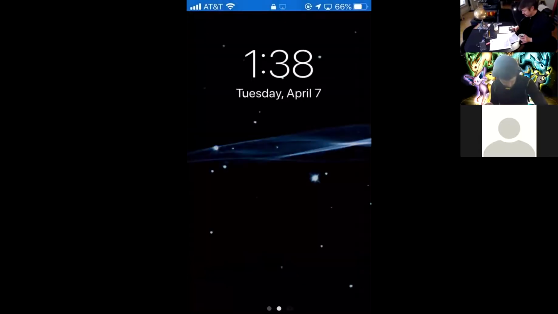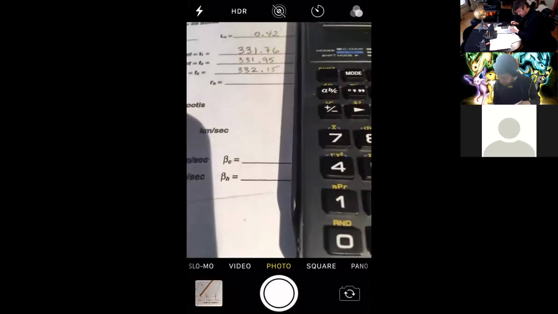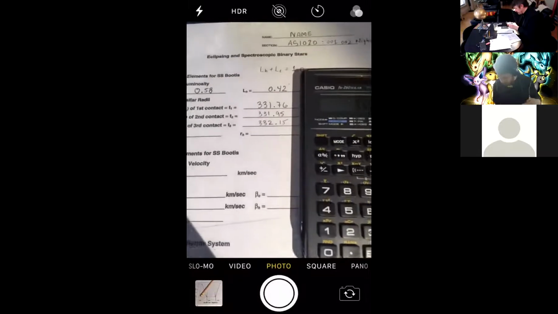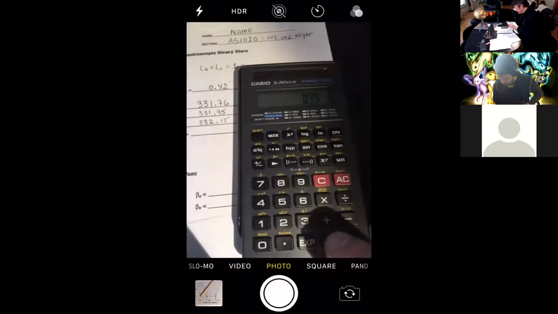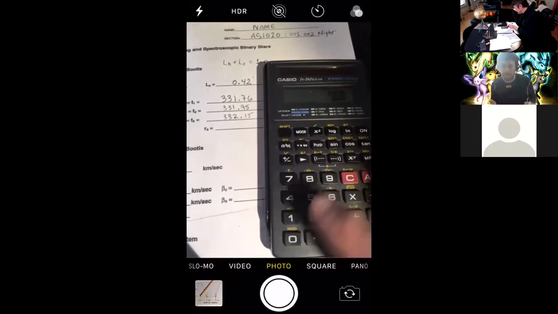So let's get our calculators out. We've got to do T3 minus T1 times pi over the period. So, 332.15, T3, yeah, 332.15, right? Minus 331.76, times pi, divided by 7.60614.